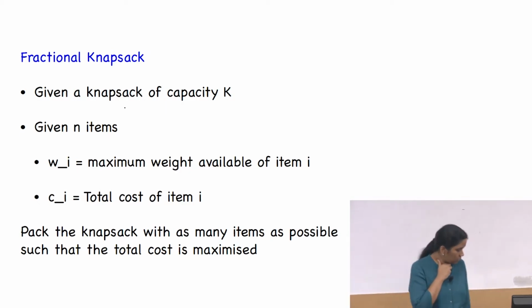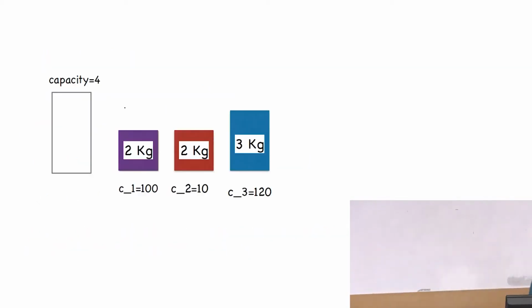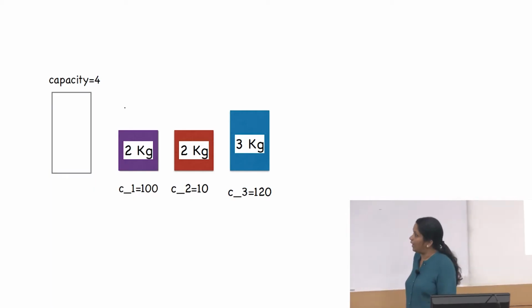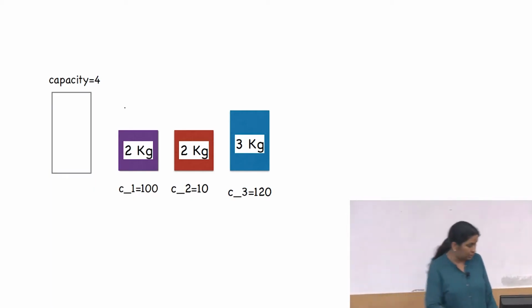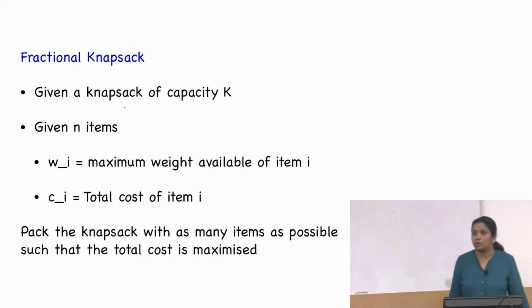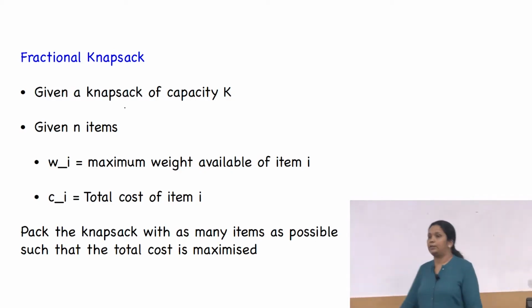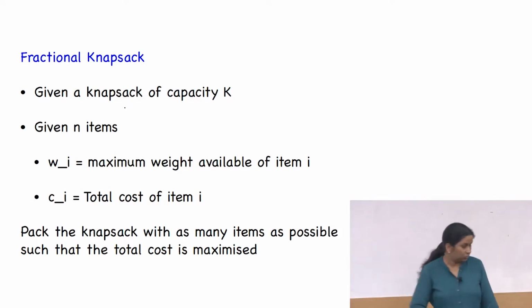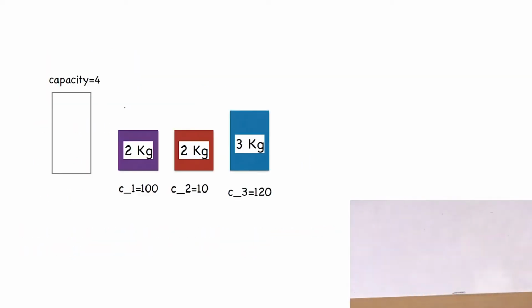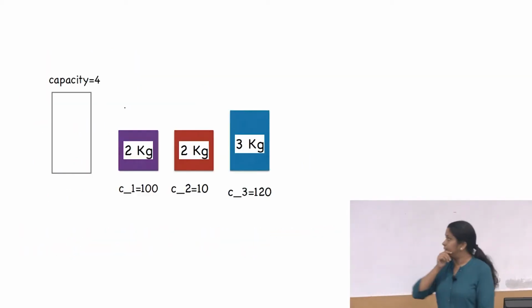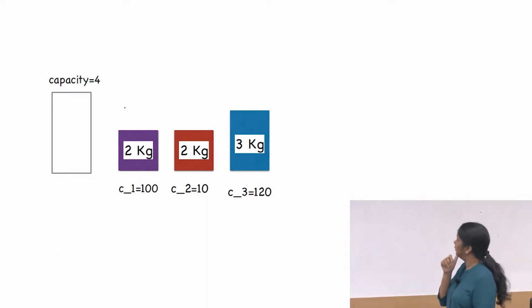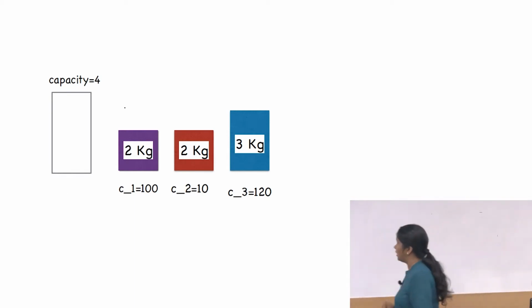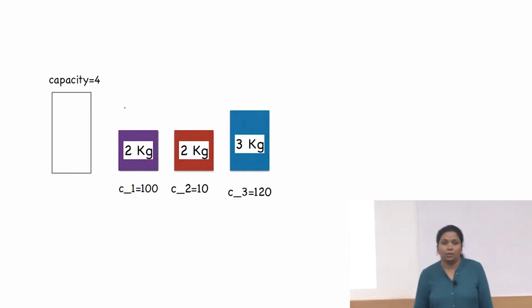So you have a bag, and in this version, you can even take a fraction of the total weight available. In this case, you are given 3 items, with weights 2 kg, 2 kg, 3 kg, and you have to pack them into a bag of capacity 4 kg.